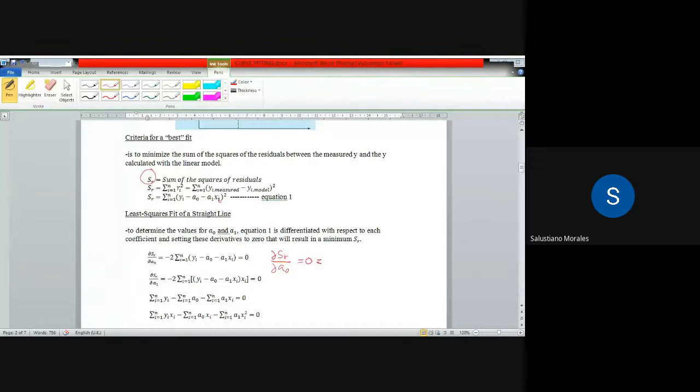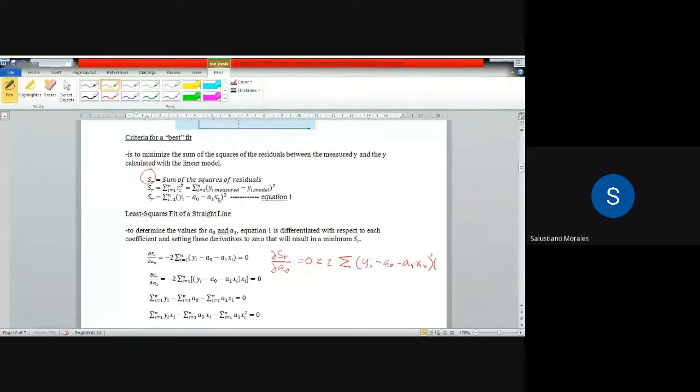So meron tayong 2, then multiplied by the summation of the value in the bracket, which is y sub i minus a0 minus a1 xi. Then the power now will be 2 minus 1, which is simply 1. Then multiplied by the derivative inside the bracket.